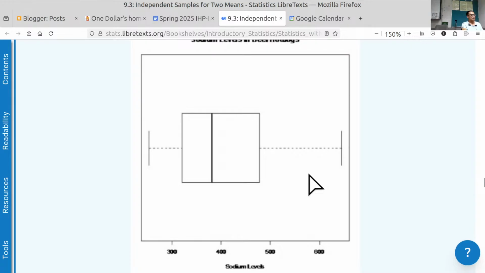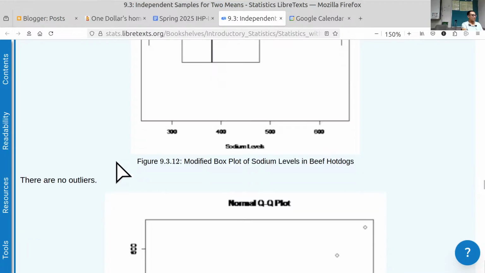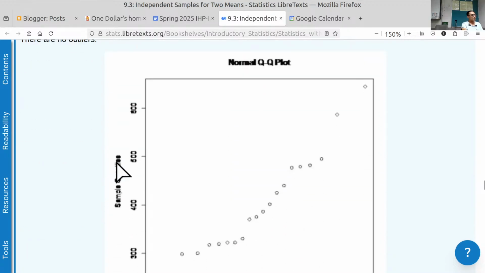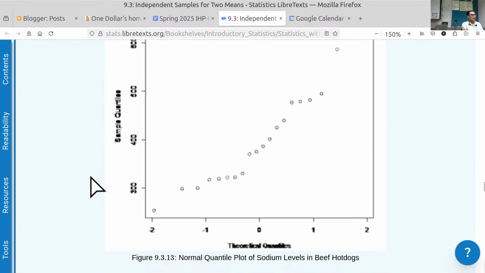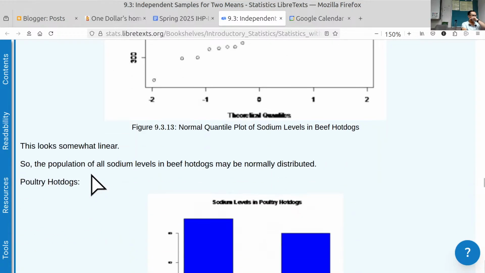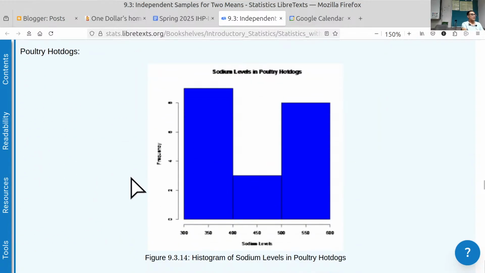And here is the box plot of the beef. And here is the poultry hot dog sodium content. Wow, it's not a bell shape.